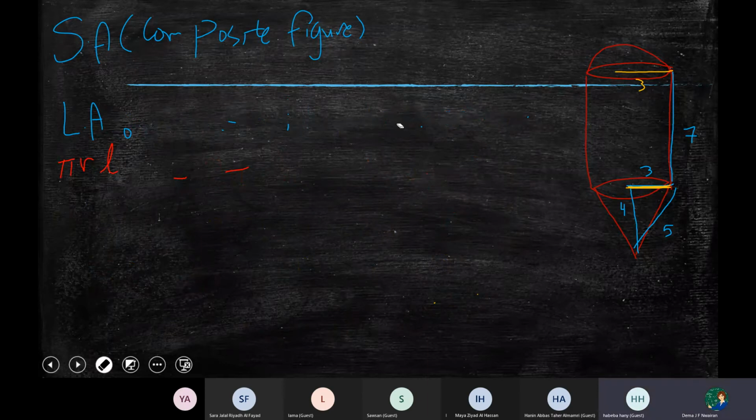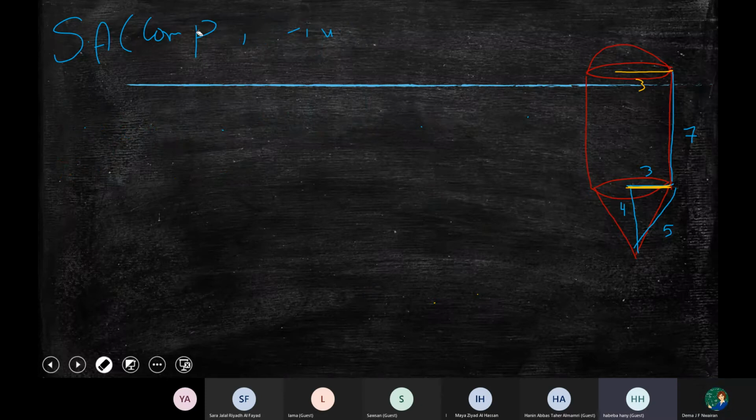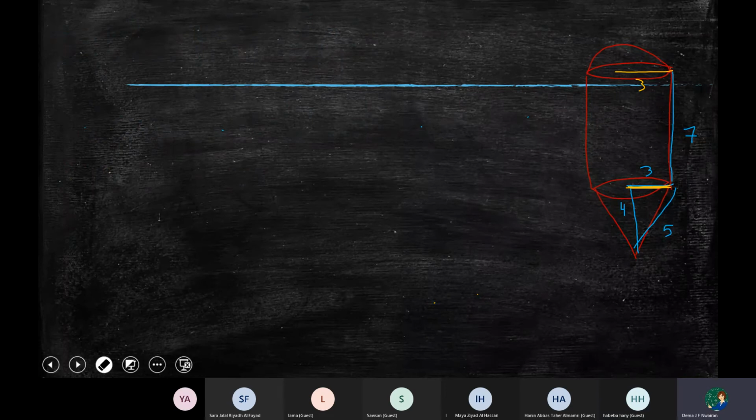Teacher, why here we said this lateral area, not the surface area? Because for the volumes, you add the volumes, but in the surface area, no. You have to look at the shape or the figure. Look at the cone.